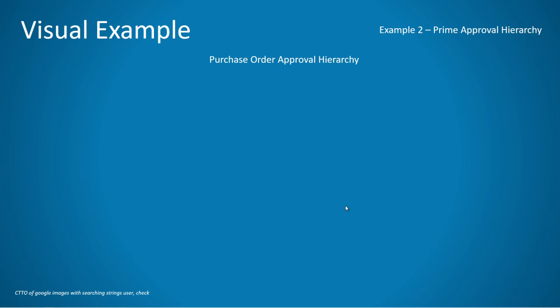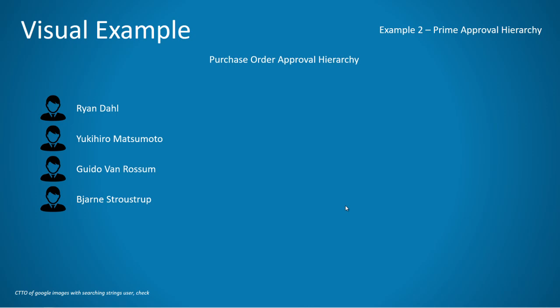So in this example, let's say we have a purchase order. Then we will set approval hierarchy for purchase order. For the purchase order to proceed, we have to set up an approval hierarchy.